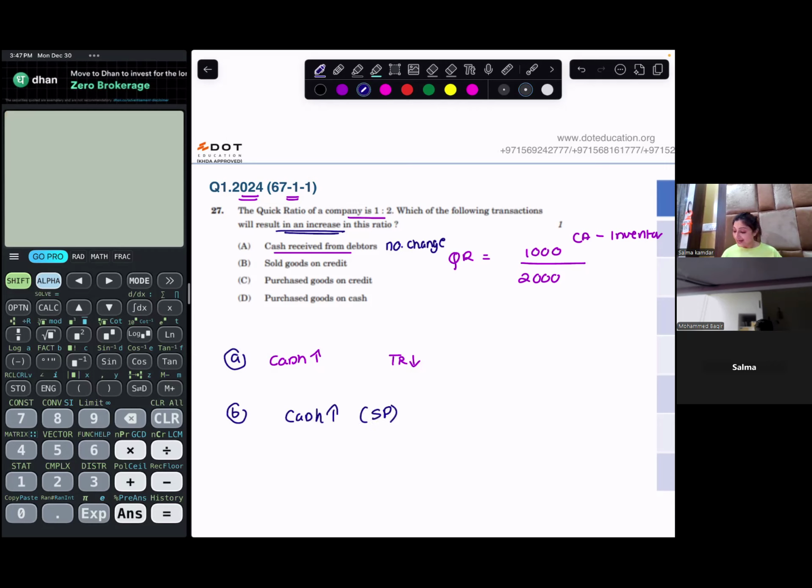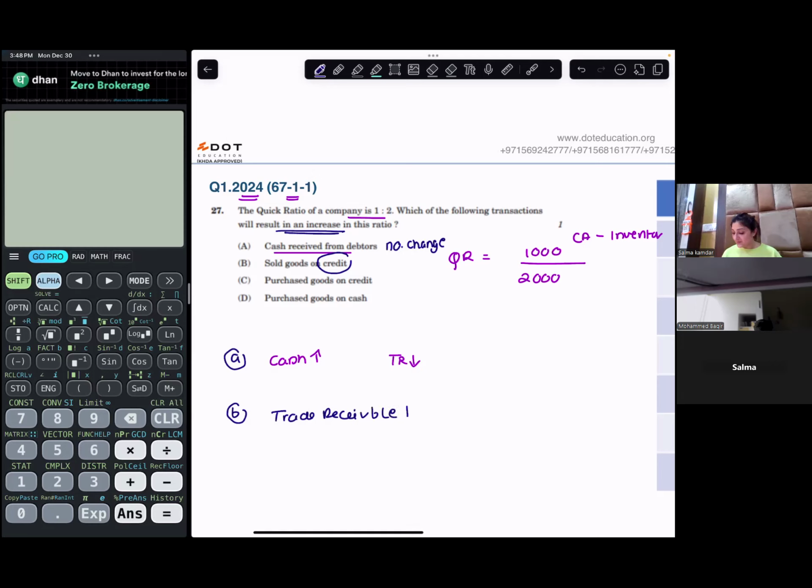And the goods, that is your inventory, will decrease with the cost price.